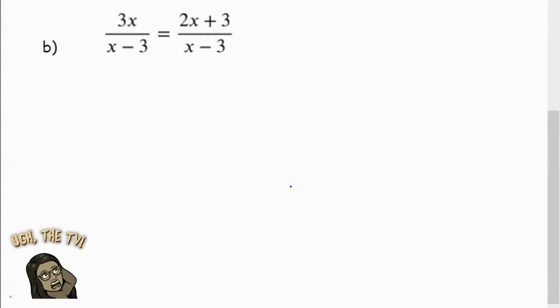All right, we are going to move into our second example, and we are going to do step 1, multiplying by the lowest common denominator of all, and it appears that both of our denominators are the same. So we're just going to multiply by the quantity x minus 3 here and here.